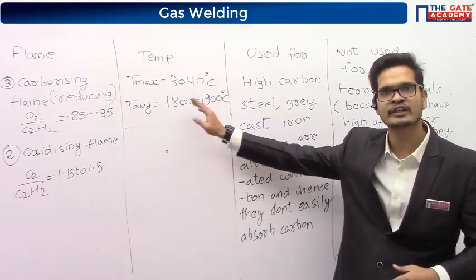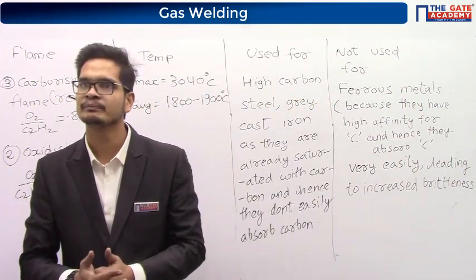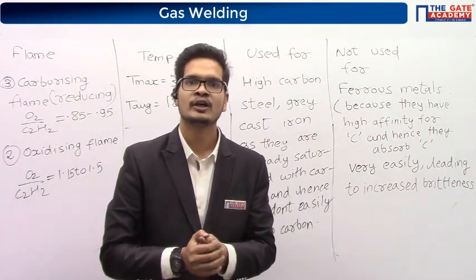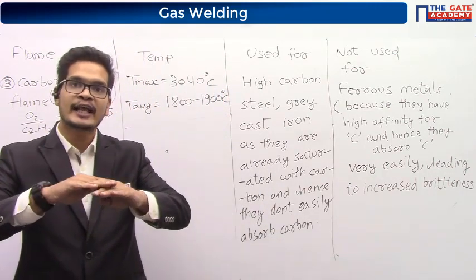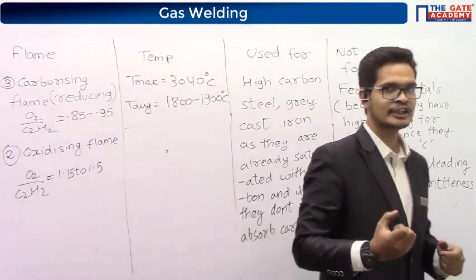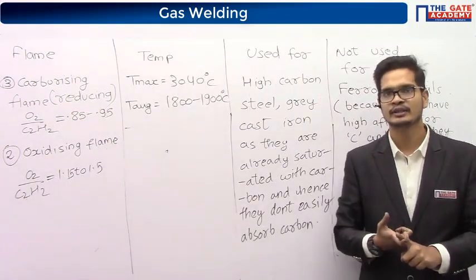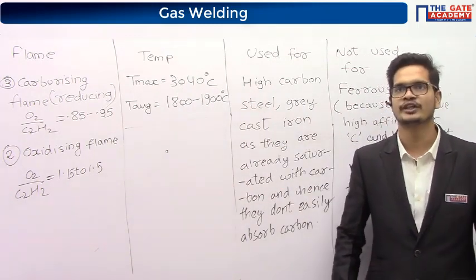At these high temperatures, evaporation will take place. In oxidizing flame, we had an excess layer of zinc oxide, and that zinc oxide was preventing the evaporation. But here we won't be able to form that extra layer of zinc oxide.